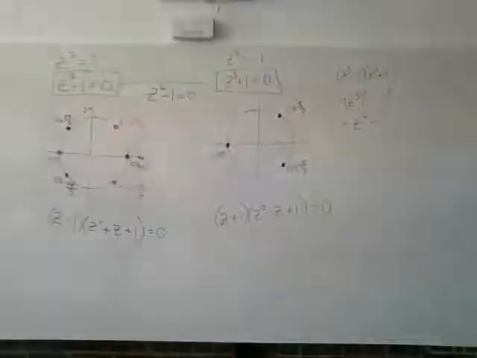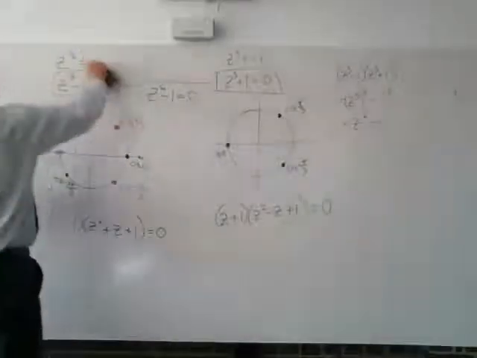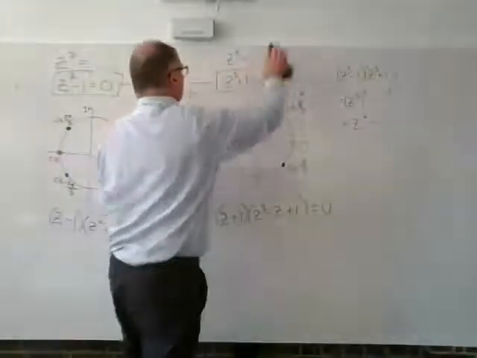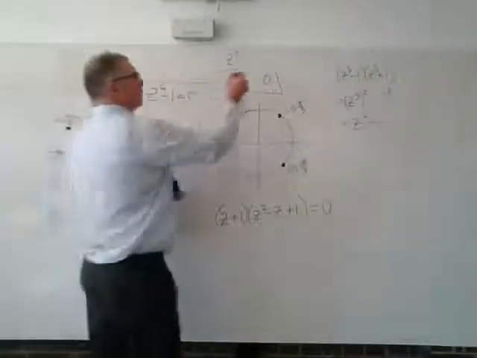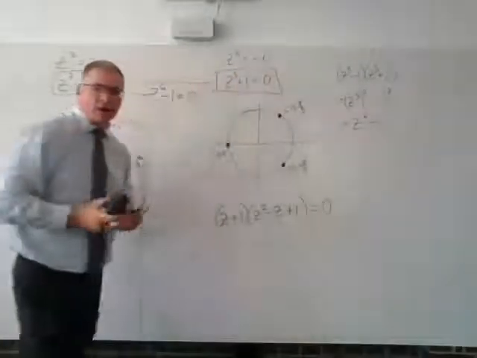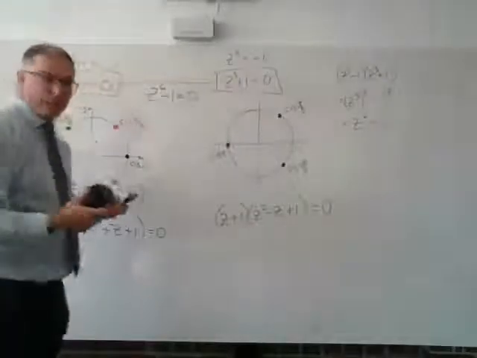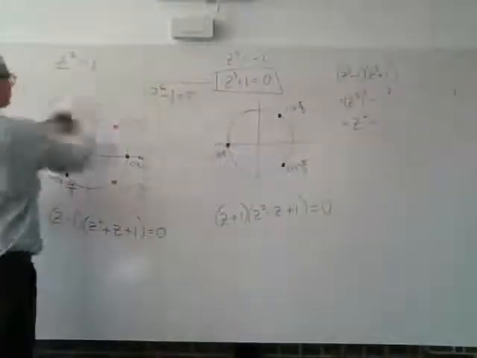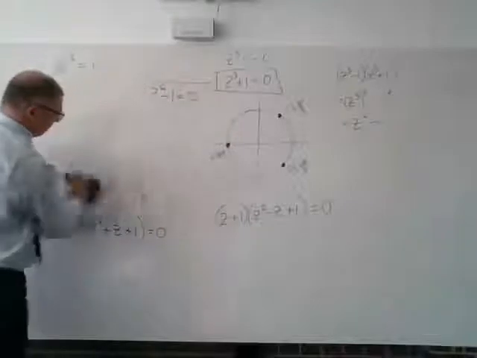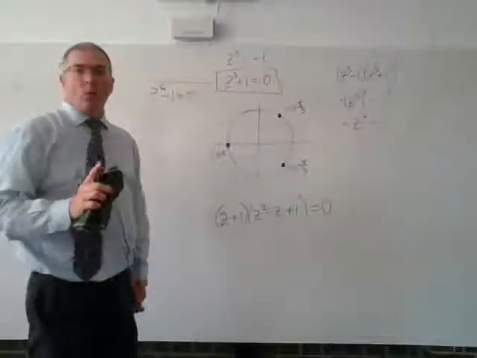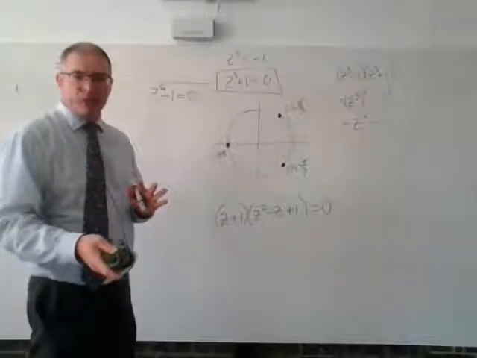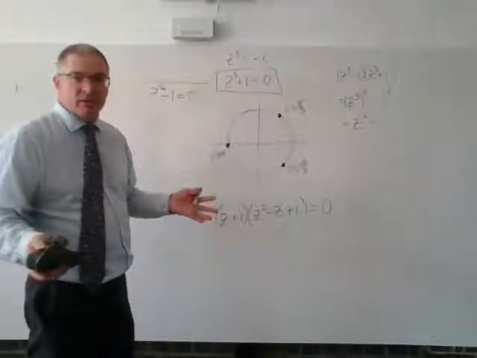Now, if I change this and look at the situation where z cubed equals i, or z cubed equals minus i, what's going to happen? Well, we won't necessarily have the complex roots occurring in conjugate pairs.